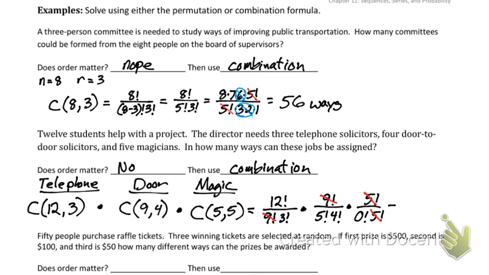So now we could put in our calculator as 12 factorial over 3 factorial times 5 factorial times 3 factorial. And you should, when you plug this in your calculator, you should get some value out. Let me get that. Oh, yep.